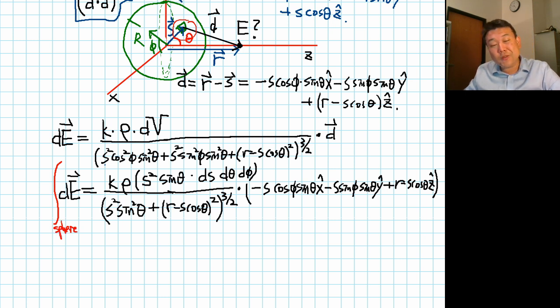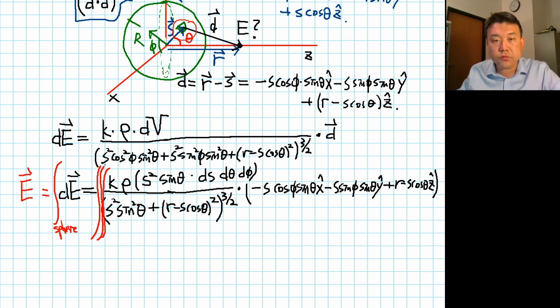So this is going to be a triple integral with respect to ds, d theta, and d phi. And when I finish that, I'm going to get the total electric field E.